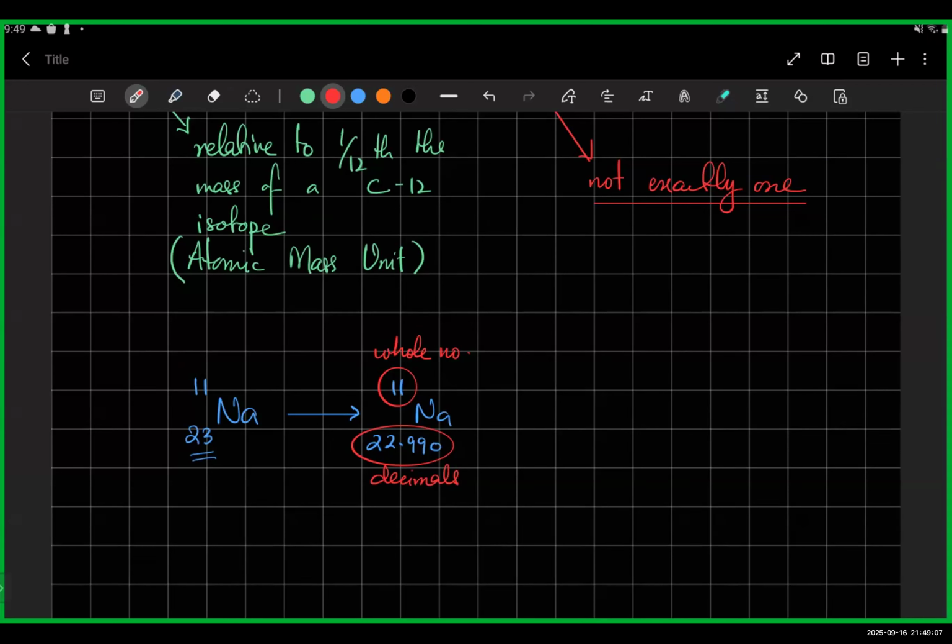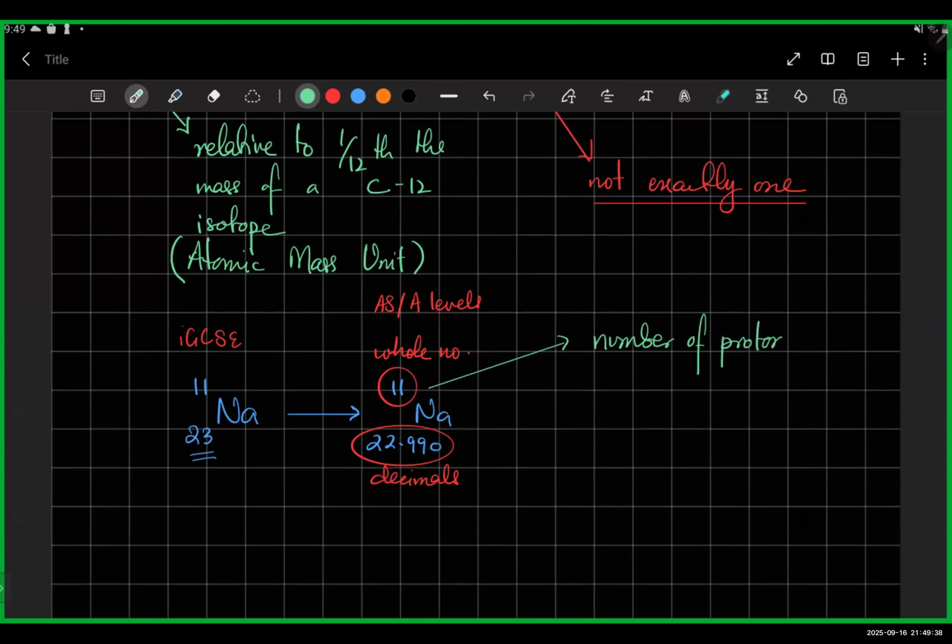So now, the important thing is, what do we do with this? What's the difference? This is IGCSE or O levels, and this is your AS and A levels. As a first thing, most of you already know what this is. That is the number of protons.